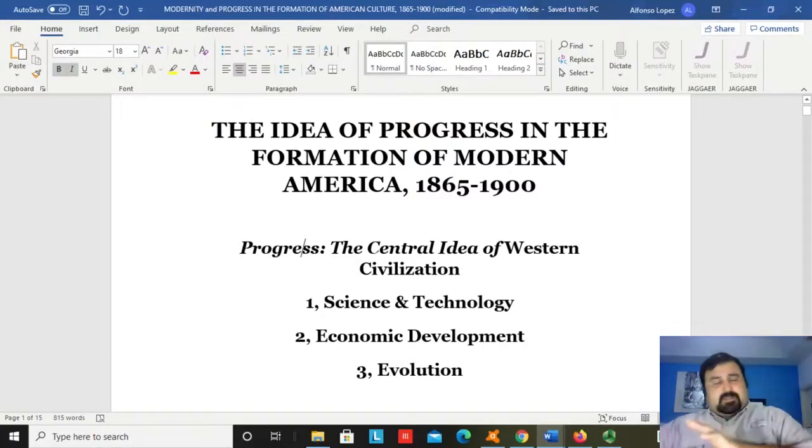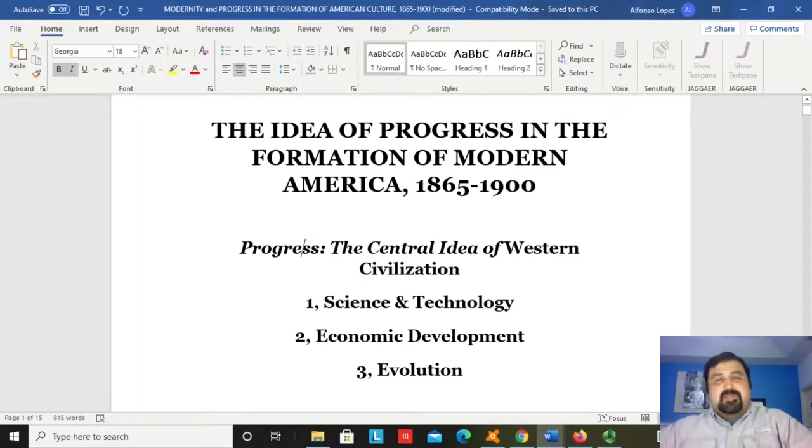Now, having said that, there's also another component in these very first opening stages of the topic that I want to comment upon, that is also going to help you understand the idea of progress and put it into context, so we can understand how central and important it was for people back then and even now.